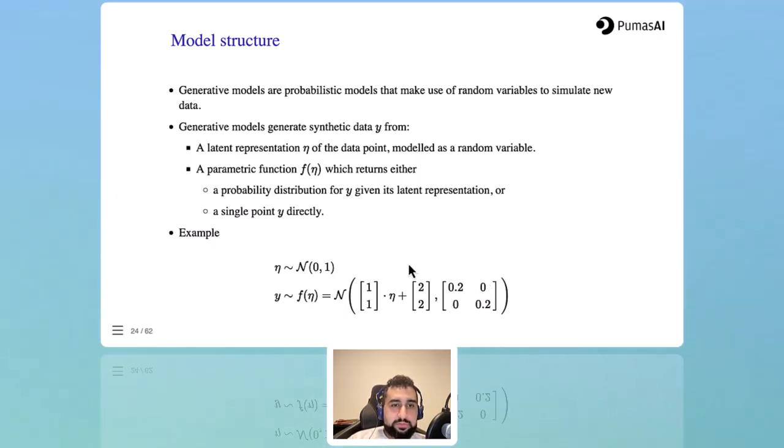So how would you generate data from this model? You would first sample some values for eta, plug it in here to get the mean, and then you have the mean as a vector, a two-dimensional vector, and the covariance matrix, and then you can sample from that distribution to get samples for y. You can do this over and over again and get as many samples for y as you want. And that's why it's a generative model.